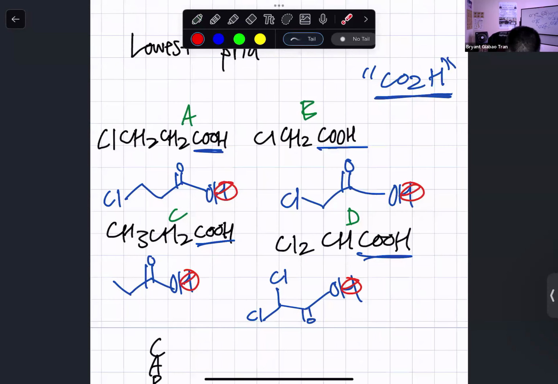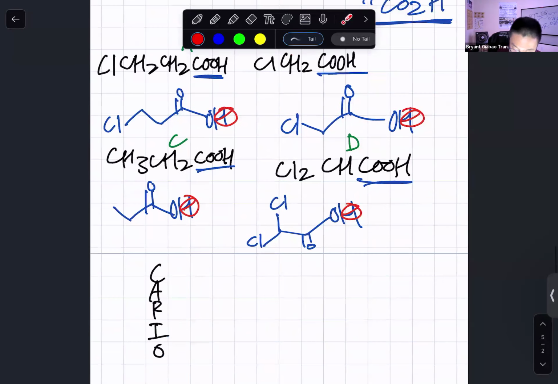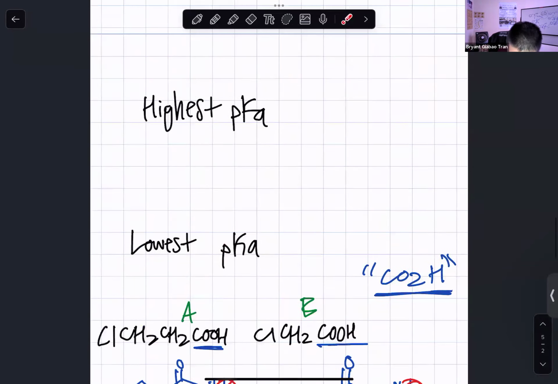Because it has the most amount of electronegative atoms. All of these electronegative atoms are chlorine, right? They're the same electronegative atom. So now we have to worry about the number of chlorine atoms and the distance of them. D has 2 chlorine atoms, and it's the closest. It's comparable to B, they're the same distance, but D beats B because D has 2 times the amount of chlorine. So D is going to be the most acidic carboxylic acid.